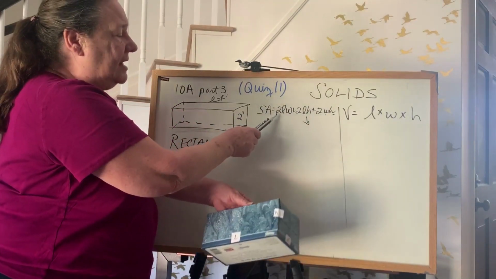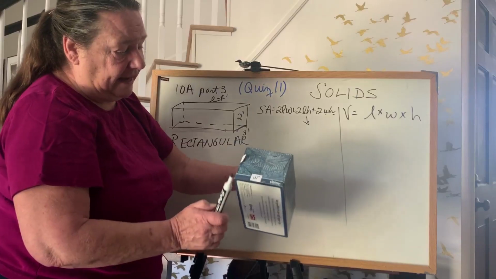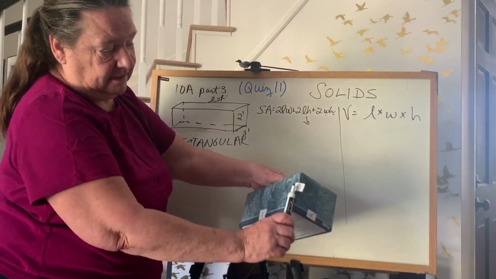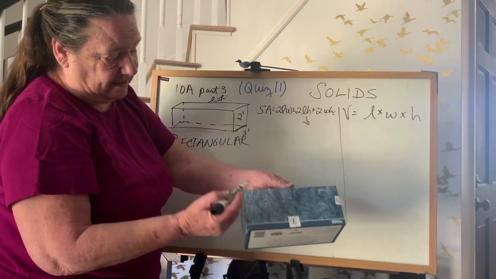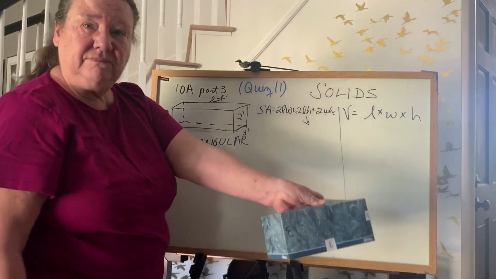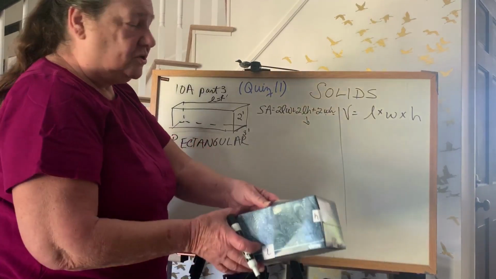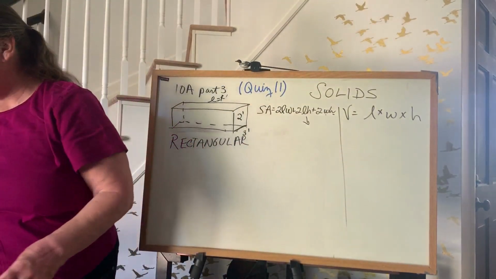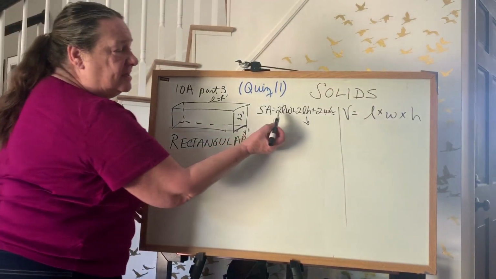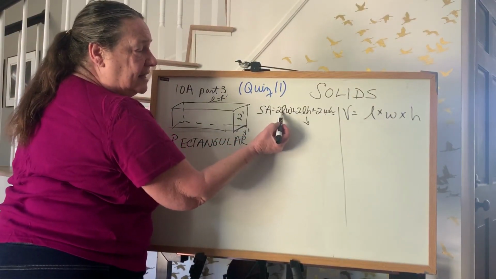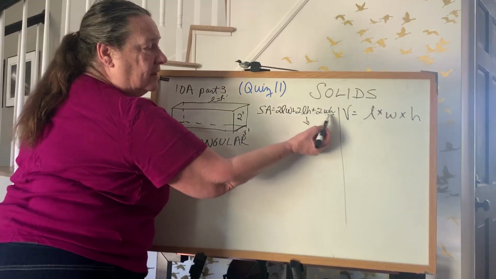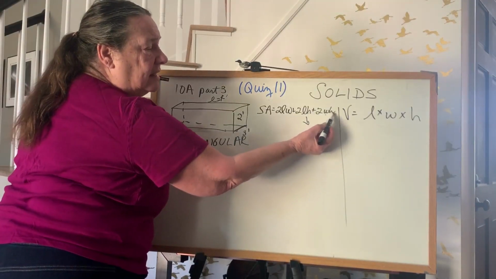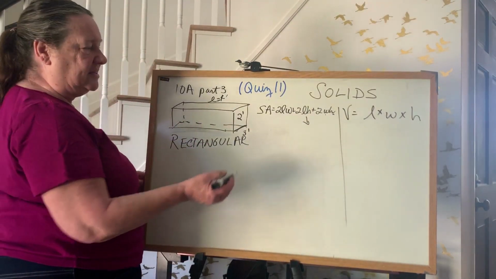And 2 of length times width, and here's the width, and there's 2. I want you to notice that each of these variables is used twice: length, width, height. Couldn't be simpler.